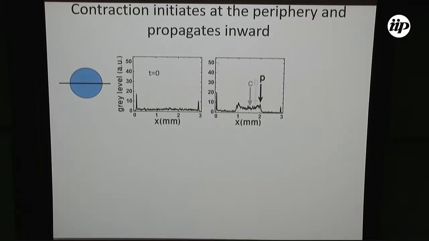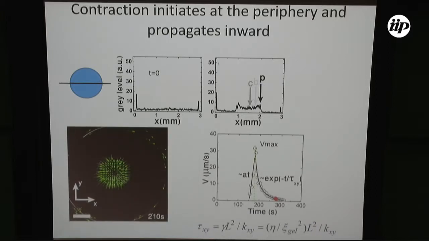Next, the second thing that we did is to look at the velocity distribution. So what you see here is an analysis of the local velocity across the gel. It is a little bit difficult to see, but what we see, and it is really from the beginning, is that the local velocity is maximal at the boundary and it vanishes at the center.